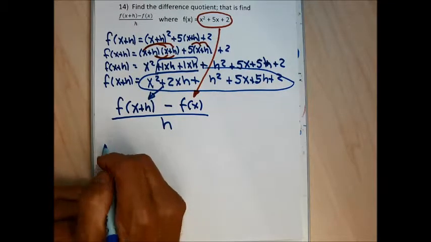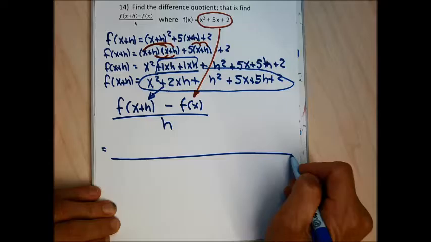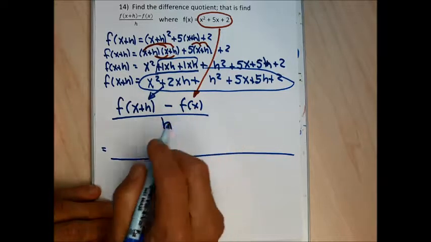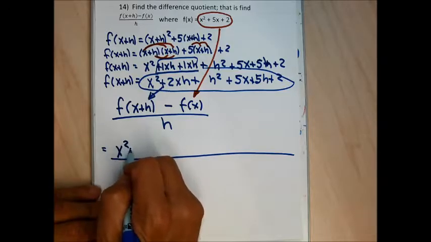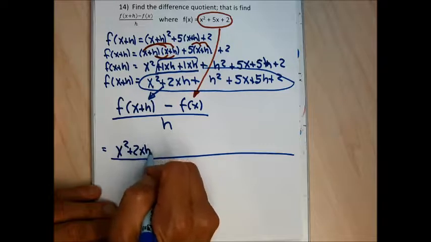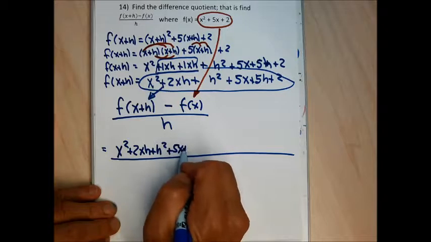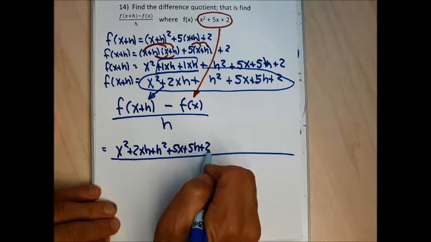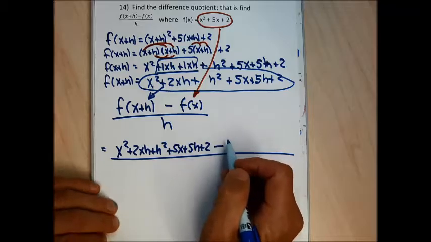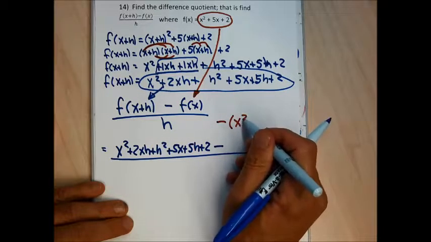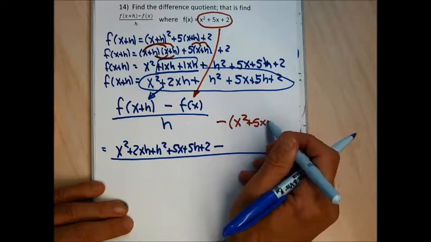So for my answer, I need a lot of room here. I'm going to say this equals, and this doesn't need to go into parentheses, but this does, x squared plus 2xh plus h squared plus 5x plus 5h plus 2 minus, and then generally I'd have minus in a parentheses, f of x, which is x squared plus 5x plus 2.